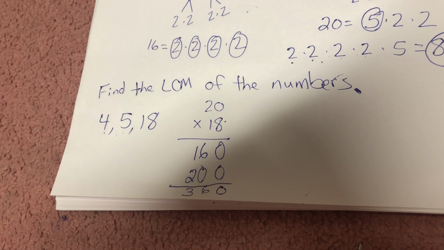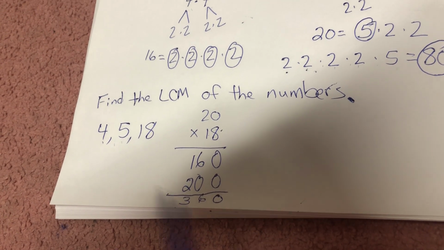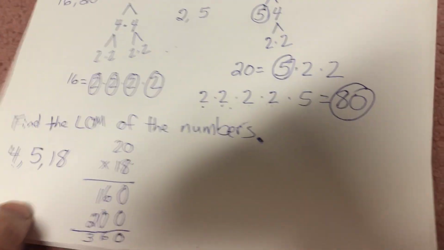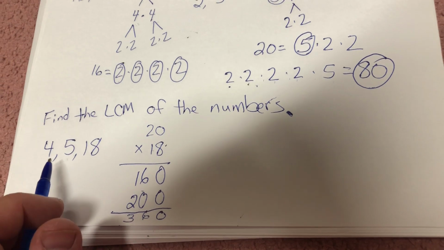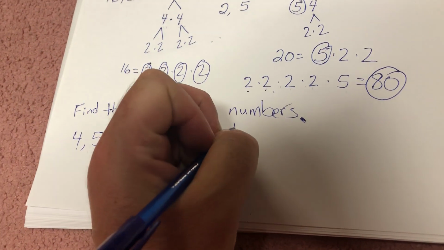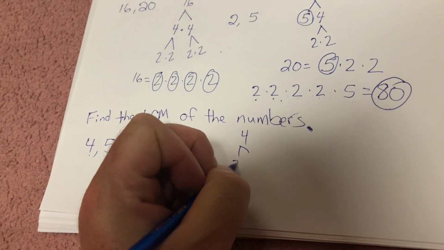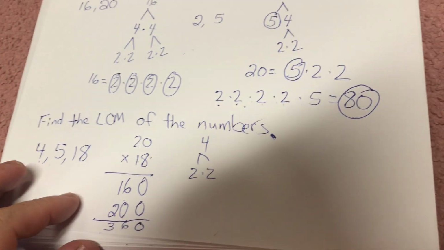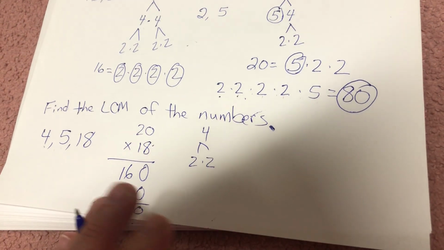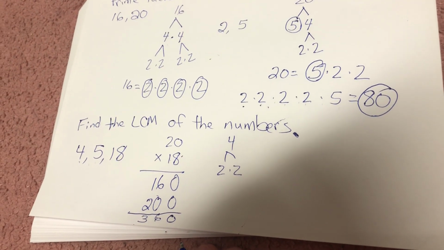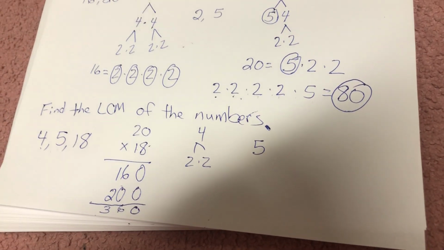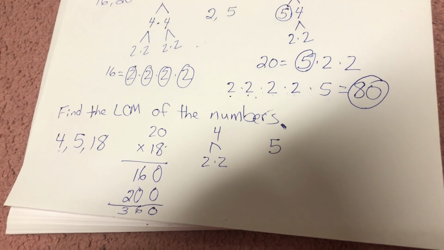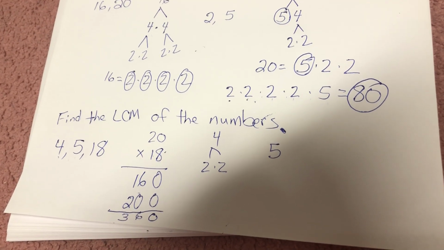So I'm going to resort to, okay, let's try prime factorization. Let's see what happens here. Now with 4, I can break that down into 2 times 2. And I have the prime factorization. 5, well, 5 is a prime number. The only way I'm going to get 5 is 5 times 1.